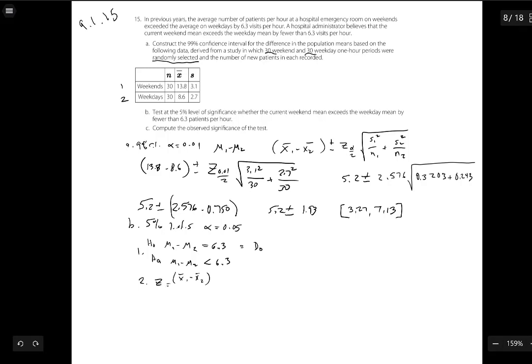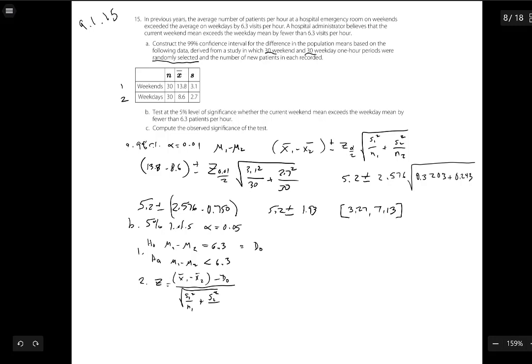Sometimes this is 0 if we're looking at a straight difference, but this one is how big that difference is. In this case, D0 is the 6.3 we just talked about. And again, we have this whole value of the sample variances of each sample added to each other.